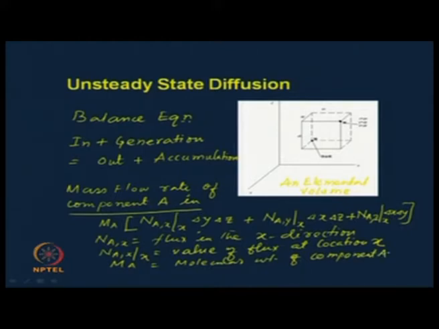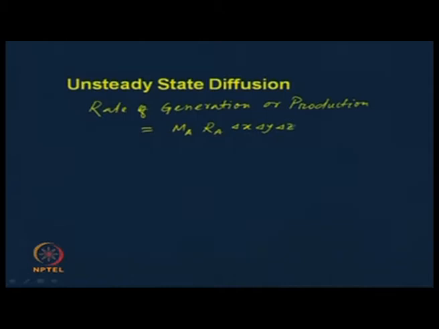Now, the rate of generation or production of component A by chemical reaction, we can write, will be equal to molecular weight into rate of reaction into the control volume delta x delta y delta z.